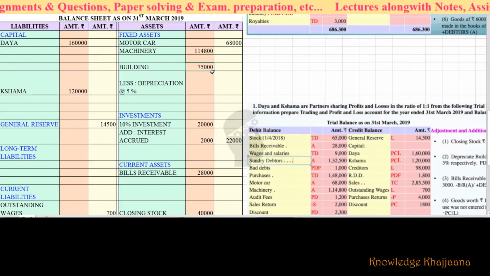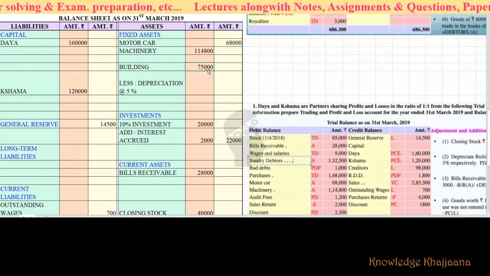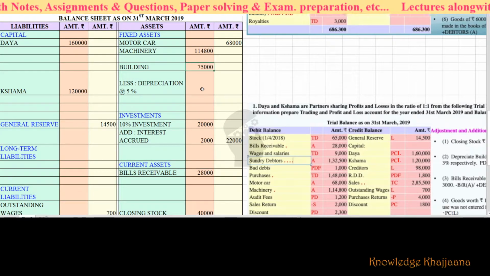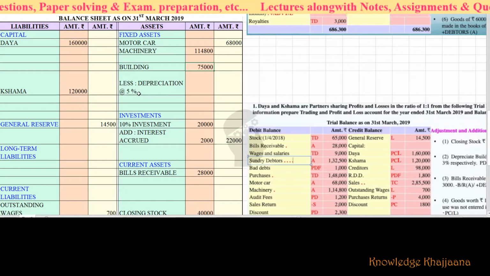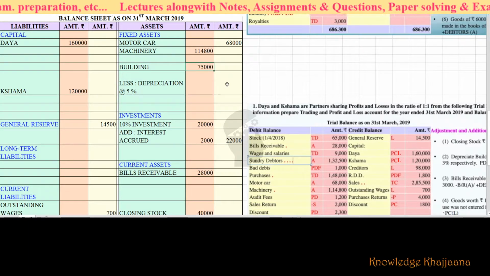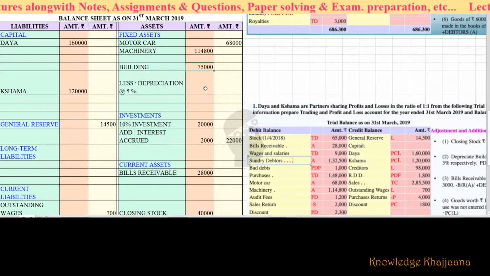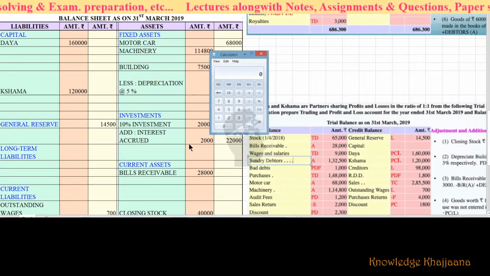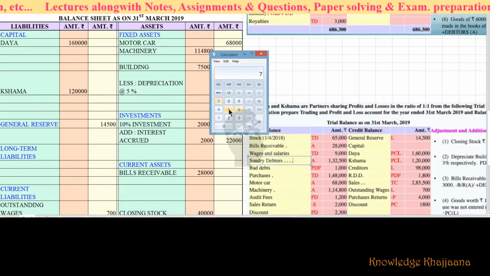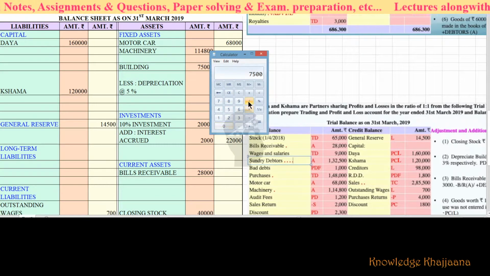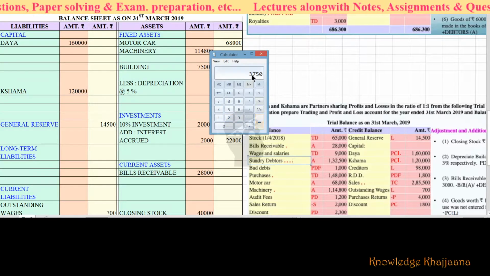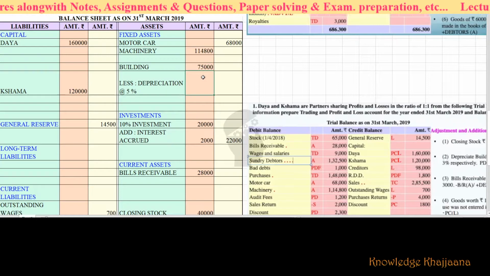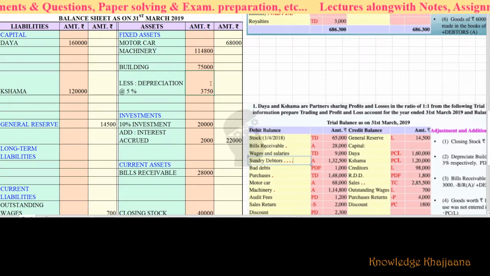See, 10% of 75,000 is rupees 7,500. Okay, 10% is 7,500. So how much would be the 5%? 7,500 divided by 2, it is 3,750. Okay, less 3,750.